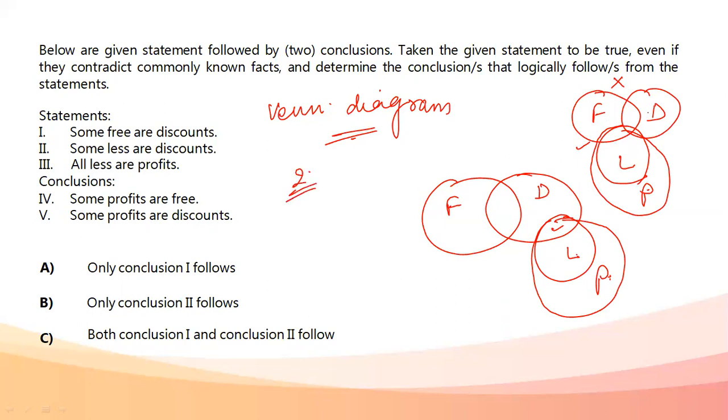Either the free, discount, and less are intertwined or they are in a straight line. In both the cases, some discounts are free. This is followed up from the first set of Venn diagram. Some profits are discount. This is followed up from the second set of Venn diagram. Both of them are following. That means both conclusion 1 and 2 follow up. My answer is option C. Both of them follow up.